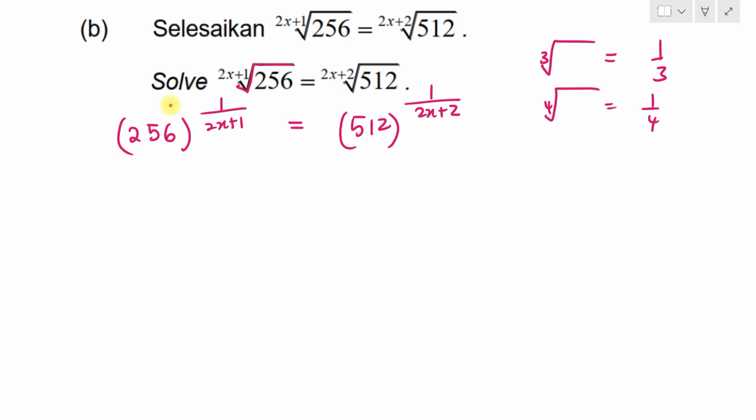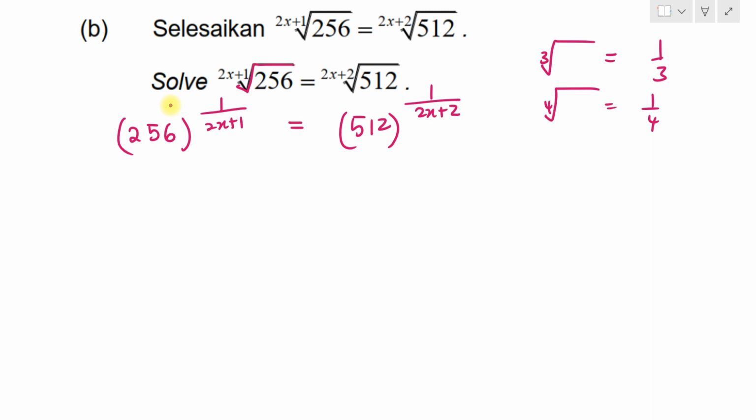Not difficult. 256 and 512, you can express in terms of power 4? Power 2 can. I try power 4. Power 8 can or not? 8 power 3 is 512, but you cannot get 256. So use 4. 4 power 5, 4 power 3, 4 power 4, 256 can, but 512 cannot.